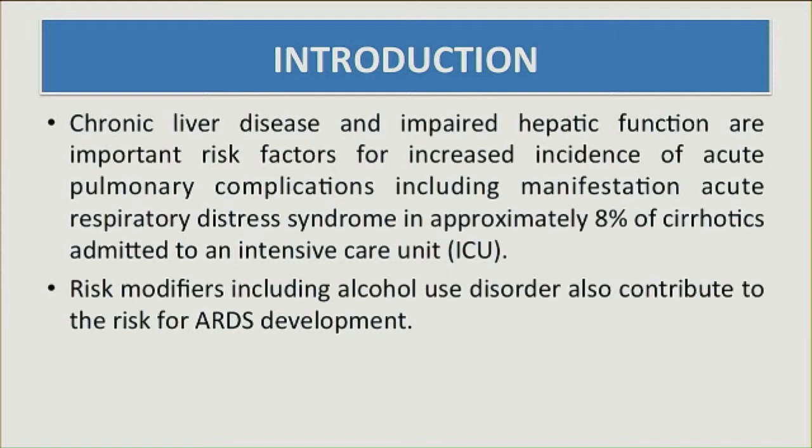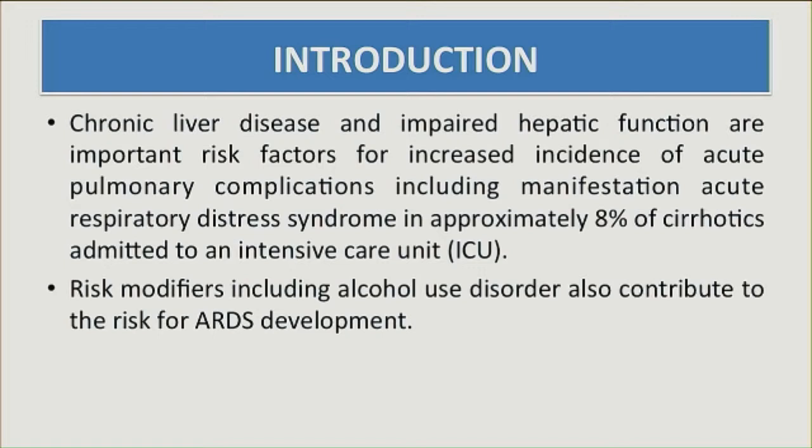There are many kinds of lung abnormality that may be related to depression of the immune system, and also related to the advance of liver dysfunction. About 8% of patients with liver cirrhosis admitted to the ICU will develop acute respiratory distress syndrome.